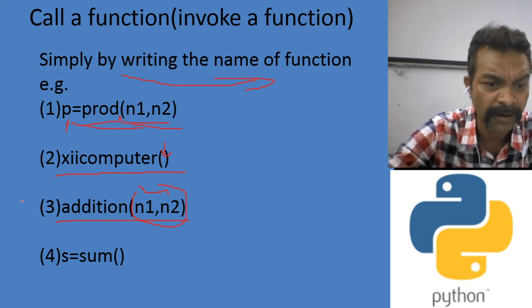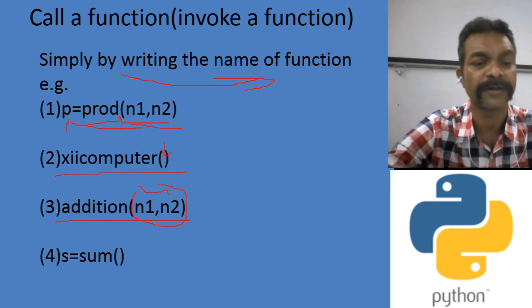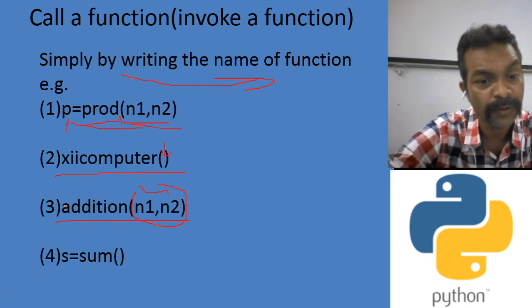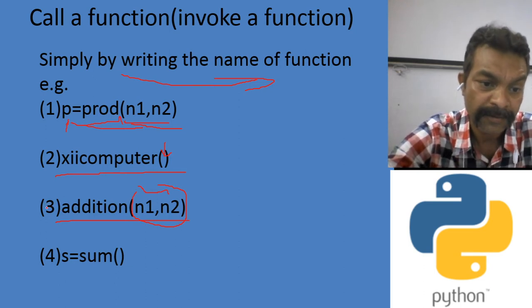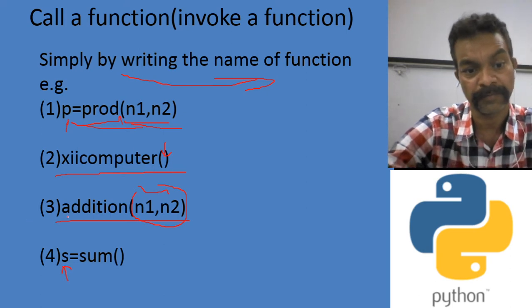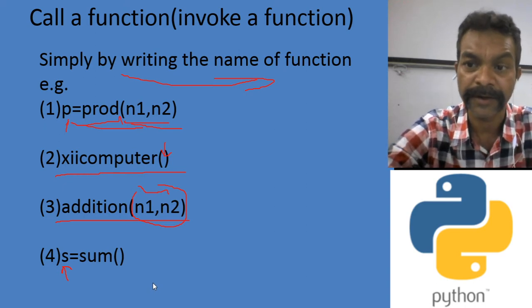This one is another type of calling statement, s is equal to sum. Here we are calling the function sum, no parameters are here, and this function is returning some value, that is why we are using the variable s is equal to sum. I think all this will be cleared when we make the programs.